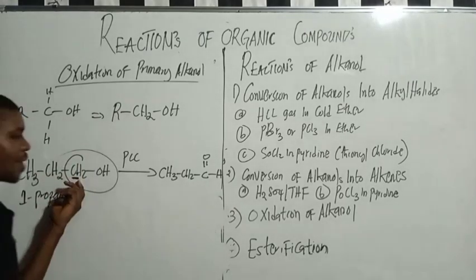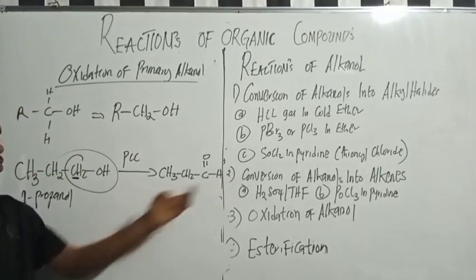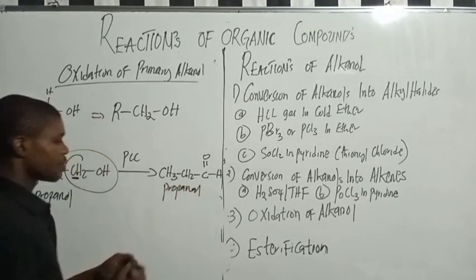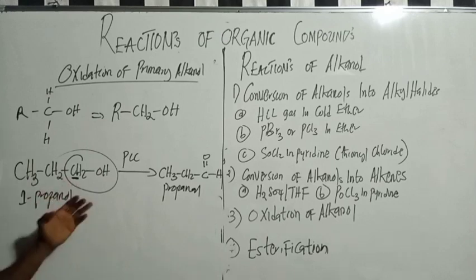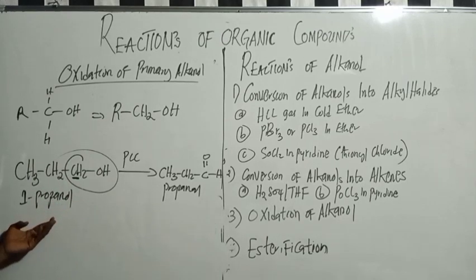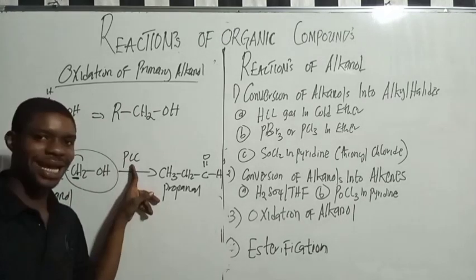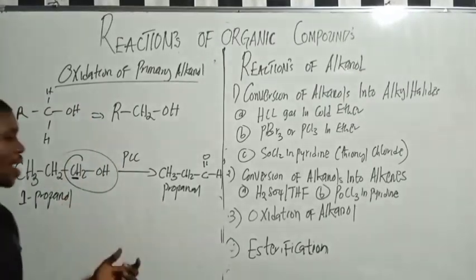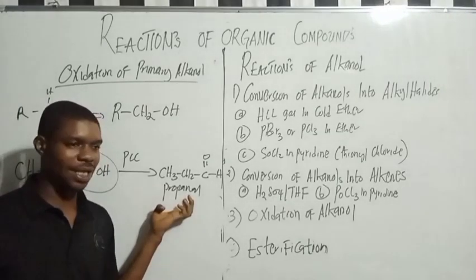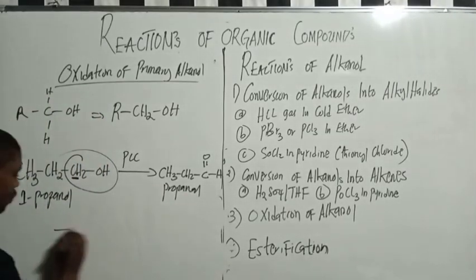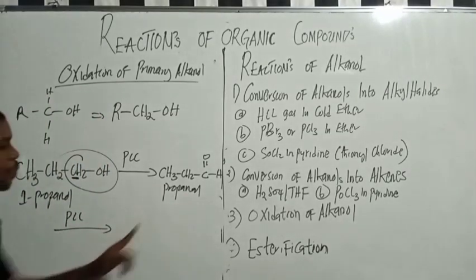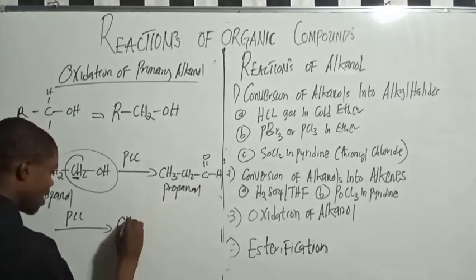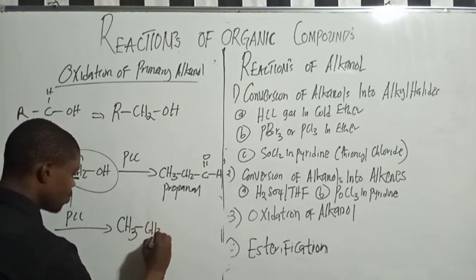So you have removed hydrogen, and now we form an aldehyde functional group. This is called propanal. Whenever a primary alcohol is oxidized with a weak oxidizing agent, it must be weak, you convert it to an aldehyde functional group. Then further oxidation will produce a carboxylic acid functional group. Here we have CH3, CH2, C.